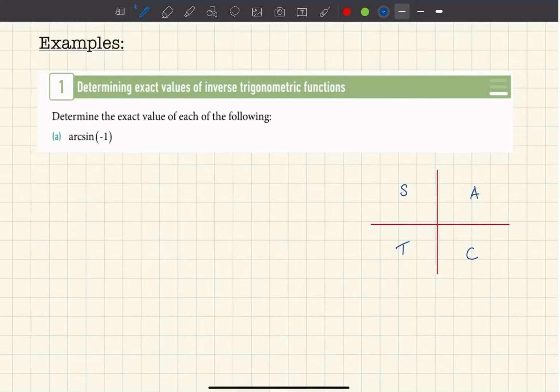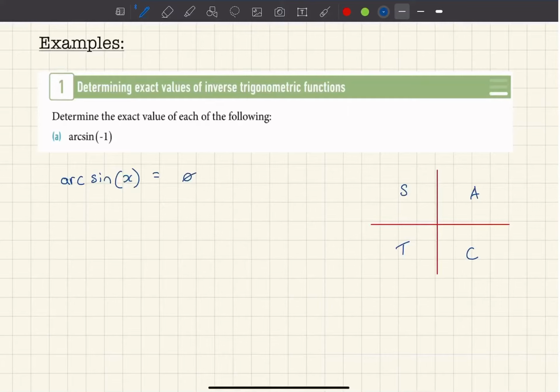So let's have a look at some examples determining the exact values of inverse trigonometric functions. The first one, we're asked to determine the exact value of the following: arc sine of -1. So we are simplifying this expression. We have been given arc sine of x, and this would normally equal theta.